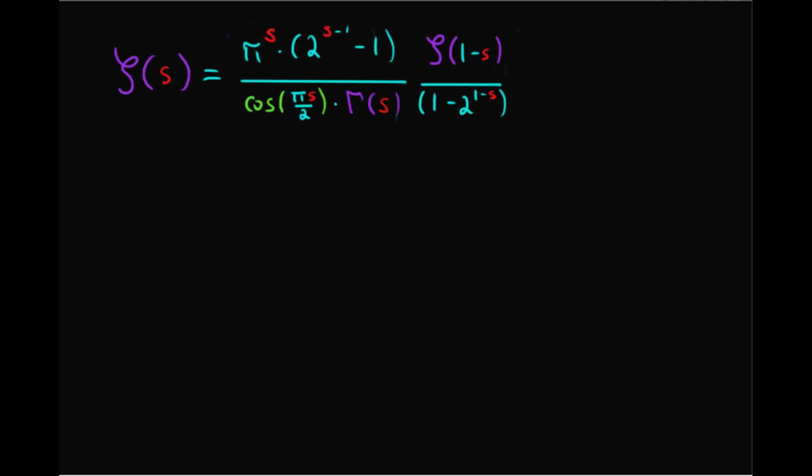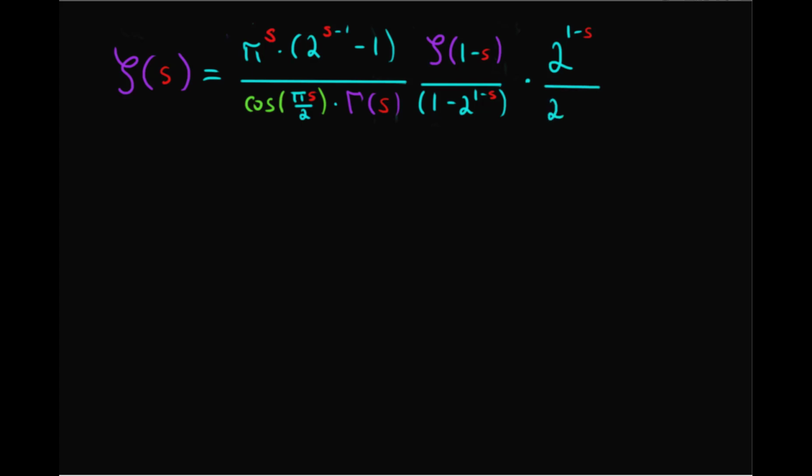And so now that we've isolated zeta of s, we have zeta of s equals pi to the s times the quantity 2 to the s minus 1, times zeta of 1 minus s, all over cosine of pi s over 2 times gamma of s times the quantity 1 minus 2 to the 1 minus s. And now to simplify further, we're going to multiply the right-hand side by what my favorite high school math teacher called a creative form of 1.